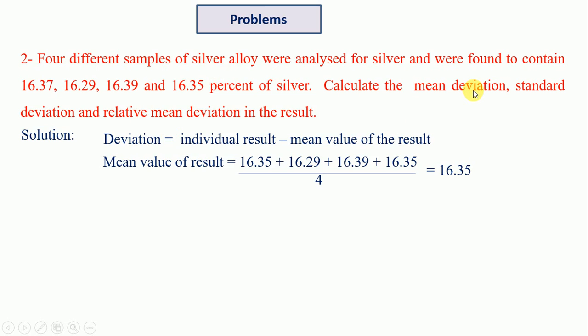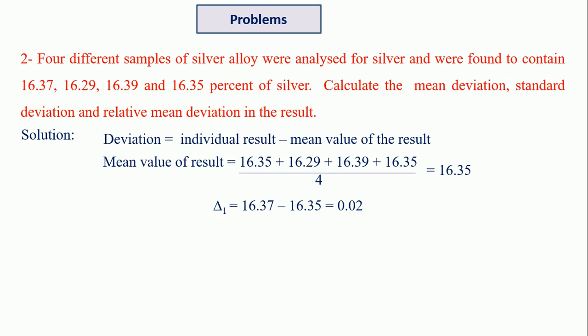Now we have the mean value of result, then find out the mean deviation. So for that purpose, first calculate delta 1. So how to calculate delta 1? So mean value minus individual value. So 16.37 is the individual result and 16.35 is the mean value of result. So the difference between these two is 0.02. So that is called delta 1, the deviation for the first value.